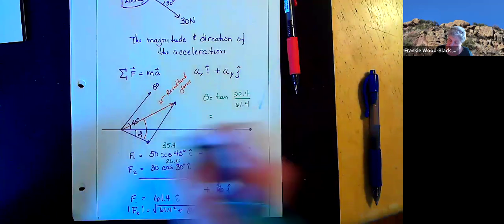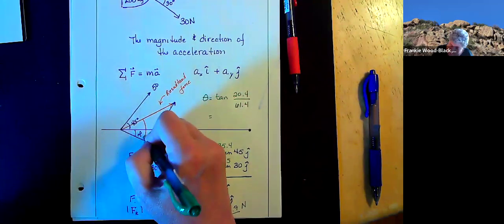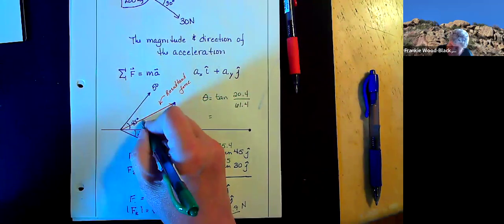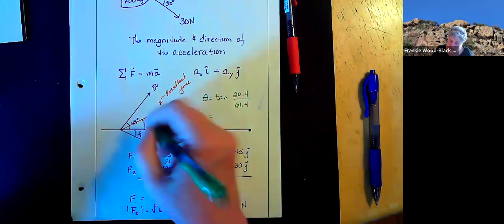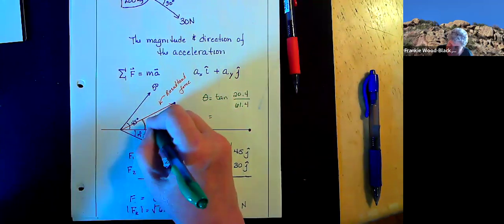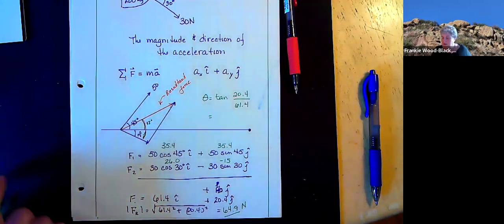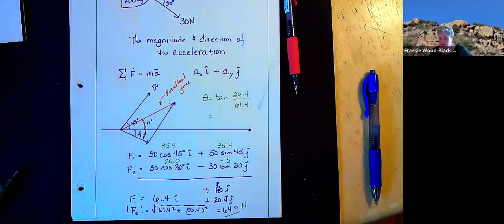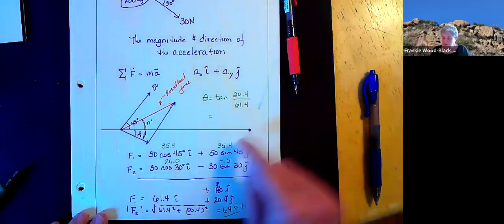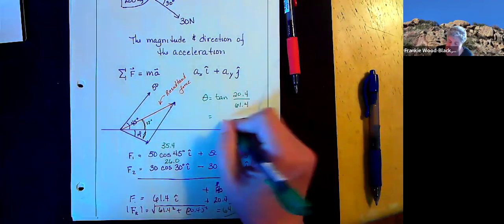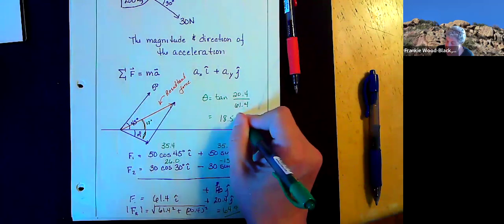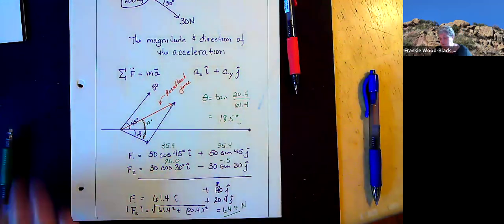Sorry, that's not going to be that right angle; this is going to be the angle that we've got. And it looks like it gives me about 18 degrees. Again, I didn't do this with an exact protractor, but that was 18.5 degrees. So you can actually do that calculation.